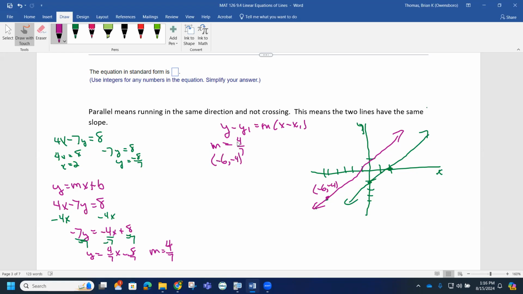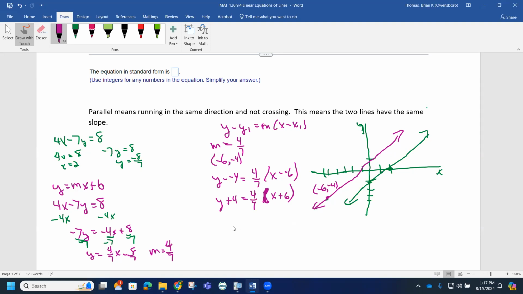So we're going to substitute that in. So y take away a -4 equals 4/7 times x minus a -6. So this is just y plus 4 equals 4/7, and simplifying in the parentheses, that's x plus 6.